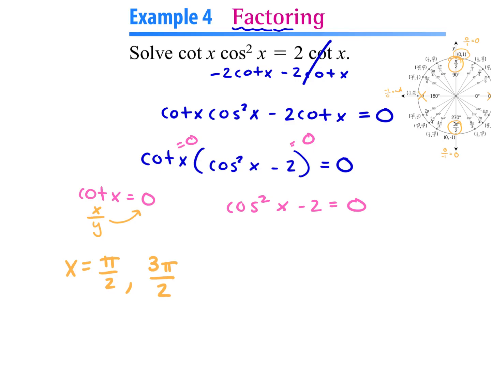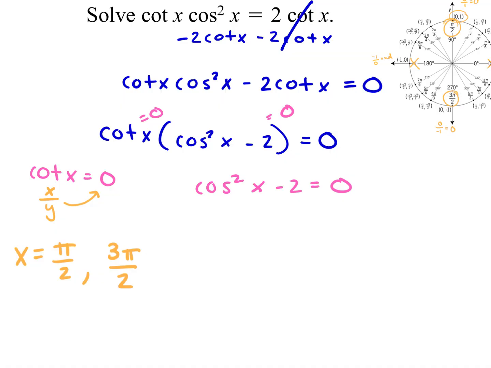Now we need to check the second part too, our second equation. How do I isolate my trig function in the second equation here? What should we do first? How do I get cosine all by itself? Add 2.